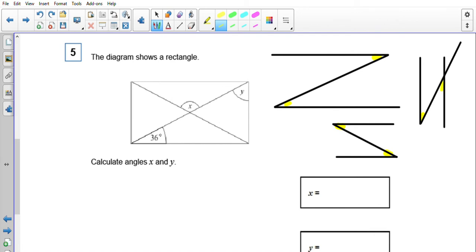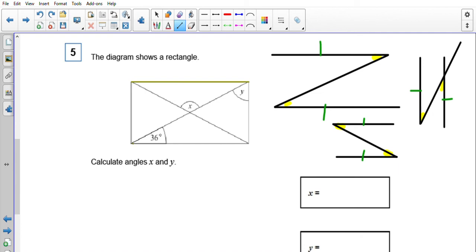Okay, and that's a property of shape, and that's really important to know. For that to happen, these lines have to be parallel. If they're not parallel, you cannot assume that the angles will be the same. Knowing that now, I can overlay that style onto my diagram here.